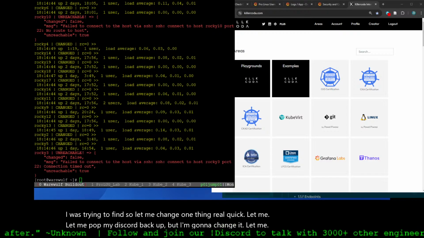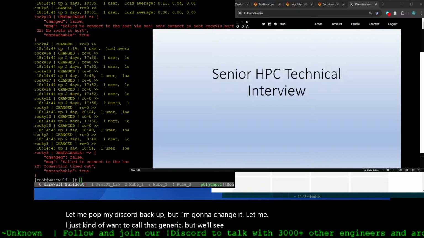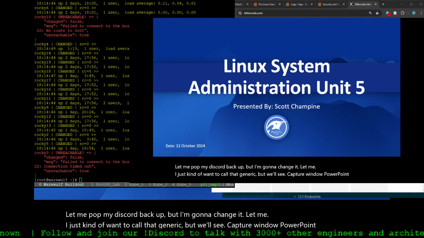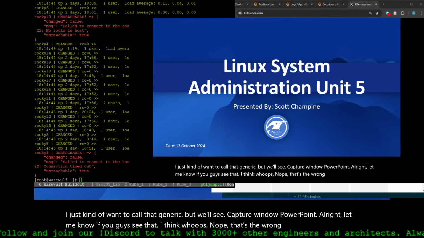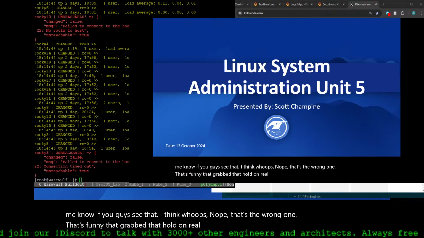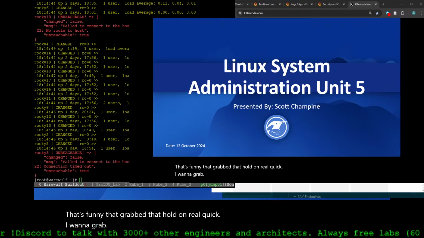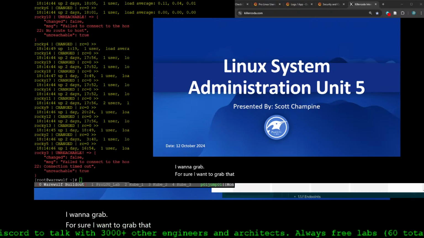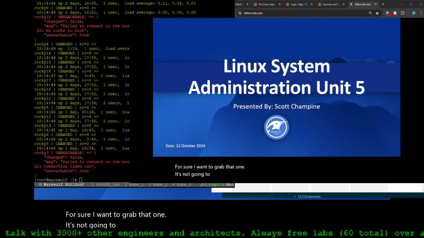I just kind of want to call that generic, but we'll see. Capture window, PowerPoint. All right, let me know if you guys see that. Oh, whoops, that's the wrong one. That's funny that grabbed that. Hold on, real quick. I want to grab that one. Nope, it's not gonna grab it. All right, give me a second here.